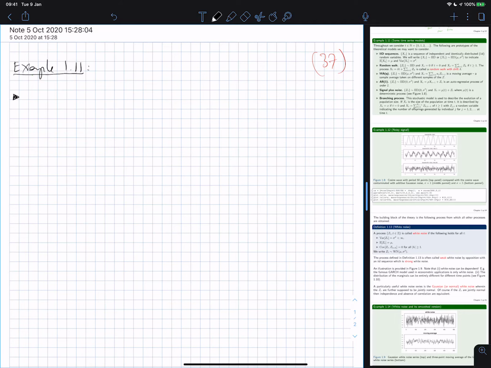The first model is the simplest. It's what we call the IID sequence, in which the X_t, the process, is a sequence of IID random variables.